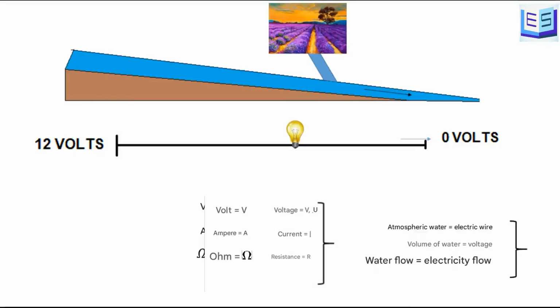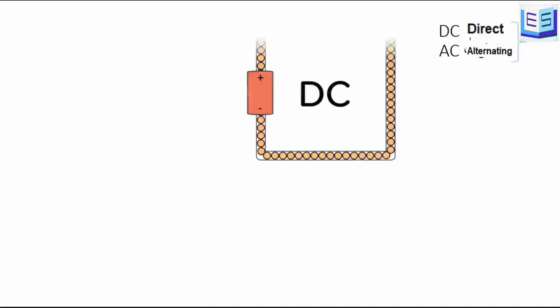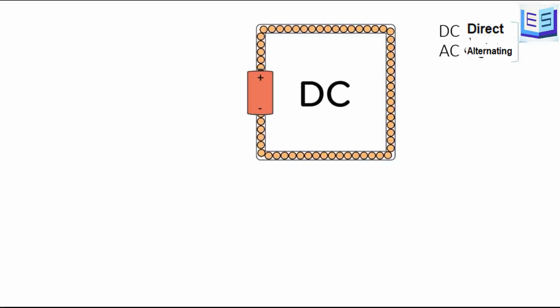Voltage and current generally exist in two forms, either alternating or AC, or direct or DC. In DC or direct current electricity, the voltage and current always remain constant, and the current flows from the positive polarity of the power source toward the negative polarity.